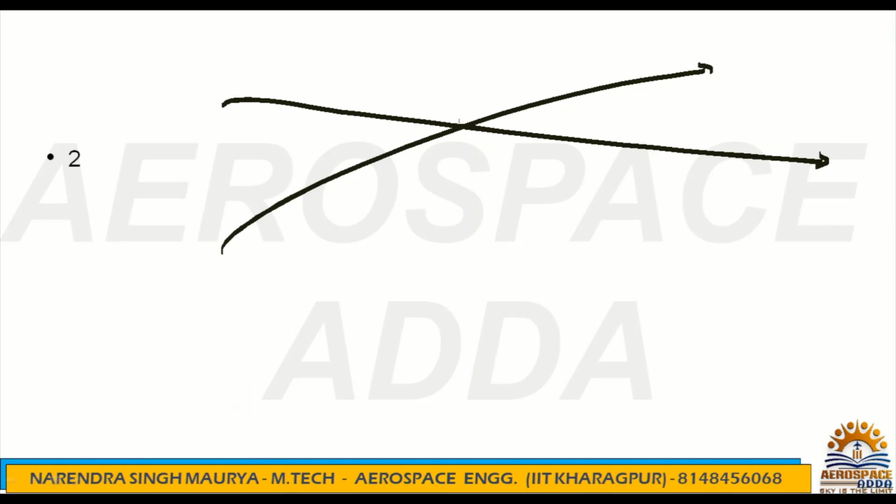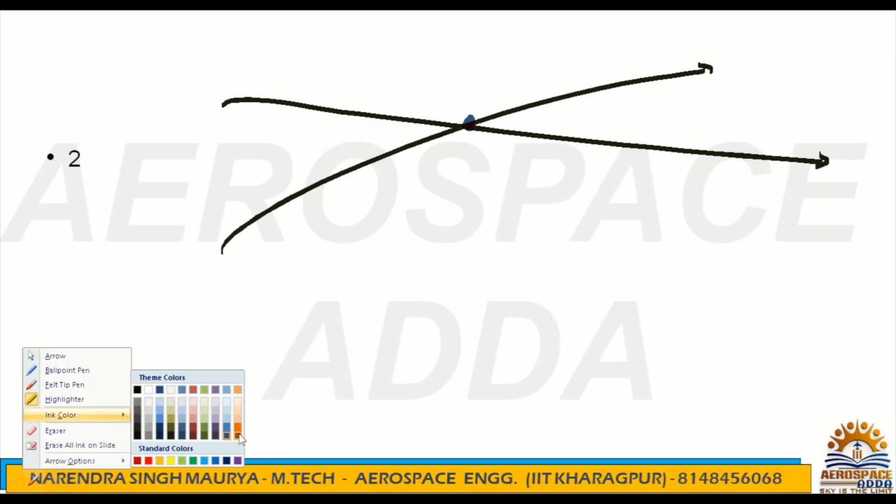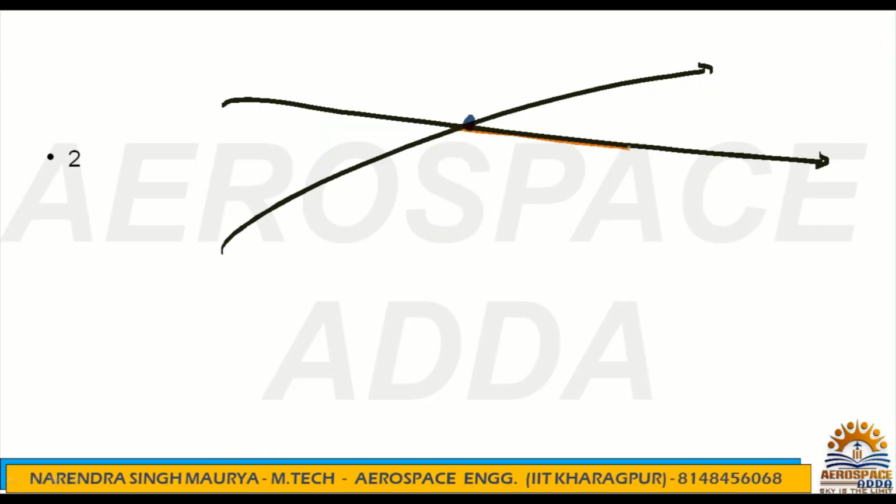So suppose this is the streamline and we draw the tangent at this point, this will be one velocity vector, which we can say is v1, and the tangent to the other streamline gives the velocity vector v2. So at the same point, we cannot get two velocity vectors, or two directions of the flow. For that reason, we are saying they cannot cross each other.